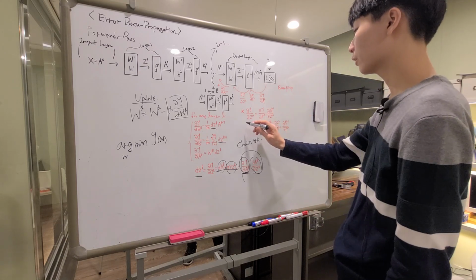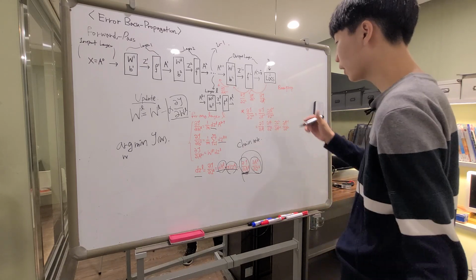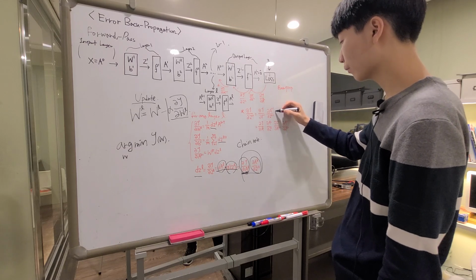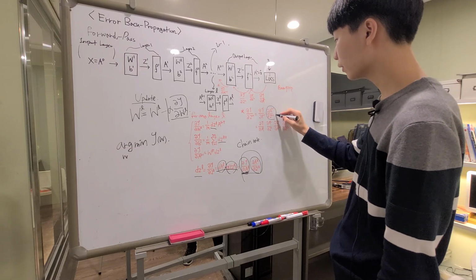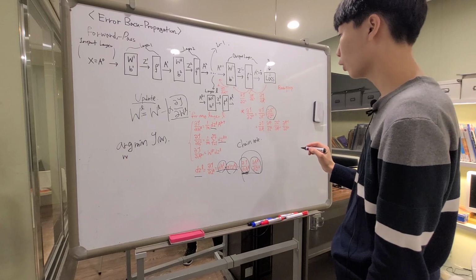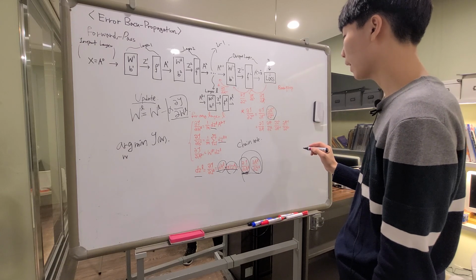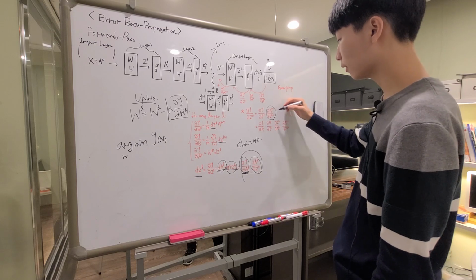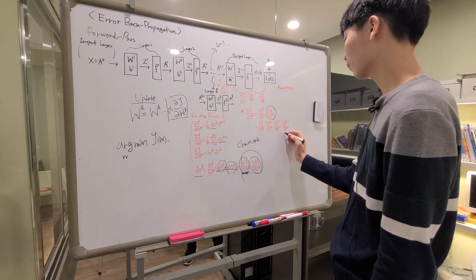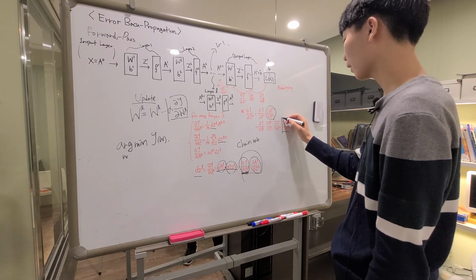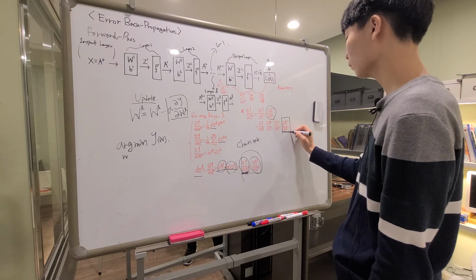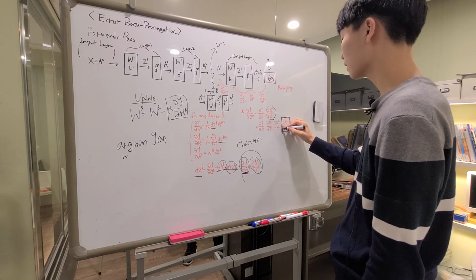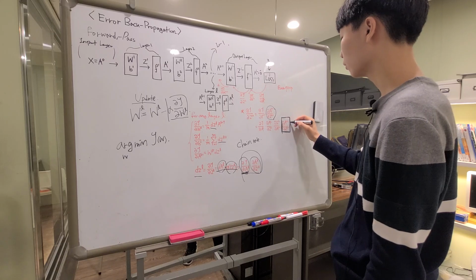Here we consider the layer L minus 1. This part is pretty simple as long as we know AL minus 1 and ZL minus 1, and we can easily calculate it.